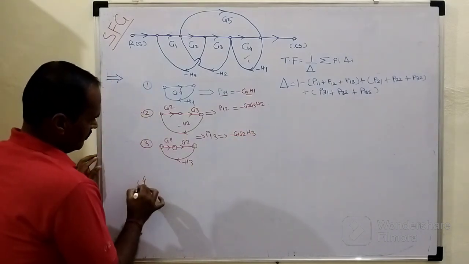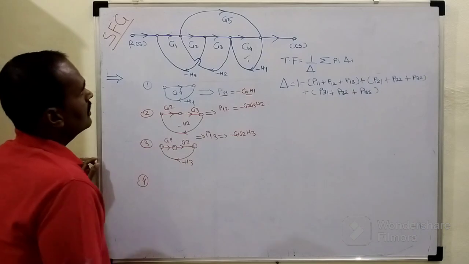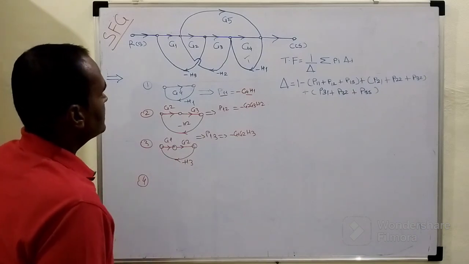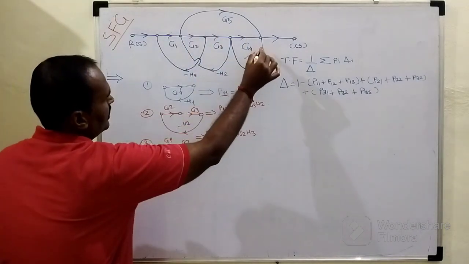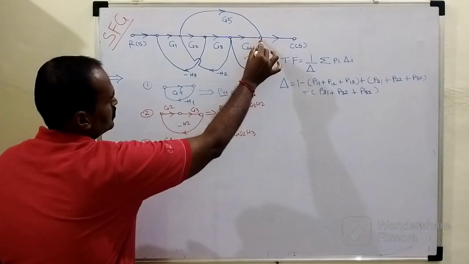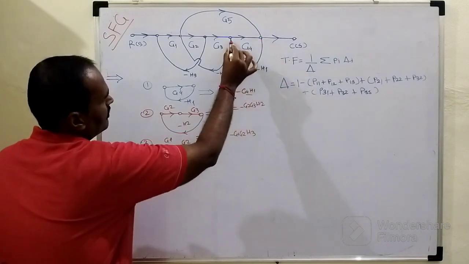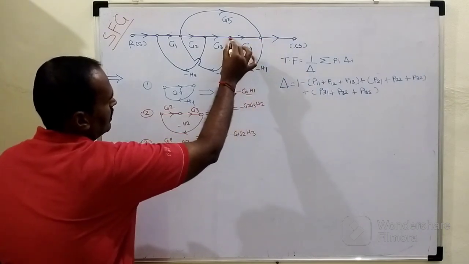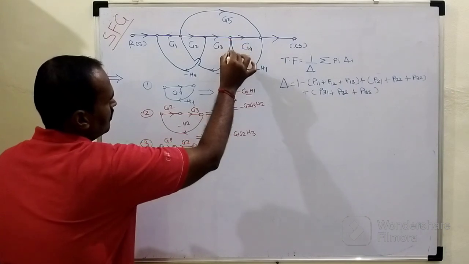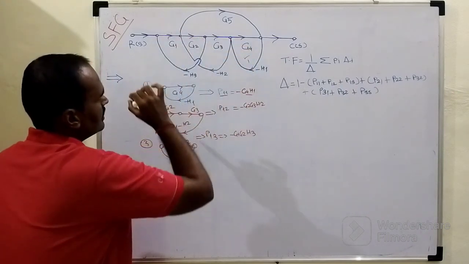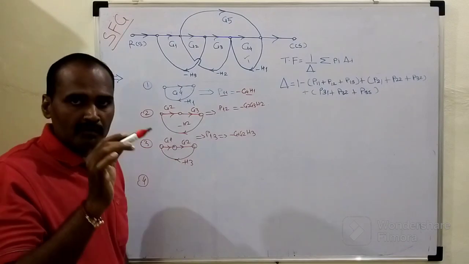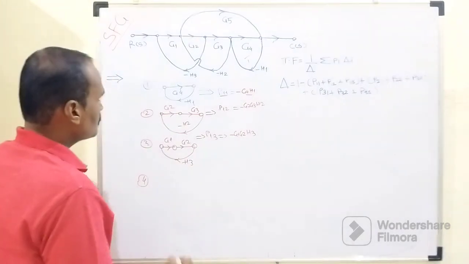Now one more loop we are having with us, right? That loop consists of this forward path G5. When we come across to this node with the help of this feedback element, we will come across to this particular node, and from this node we can terminate our journey at the same point from which we had started. So how will this loop look like?